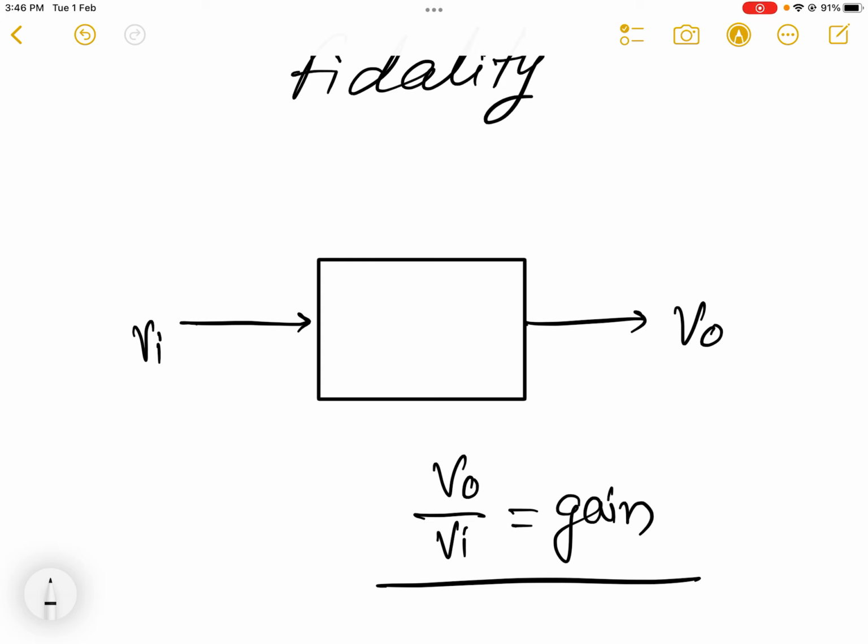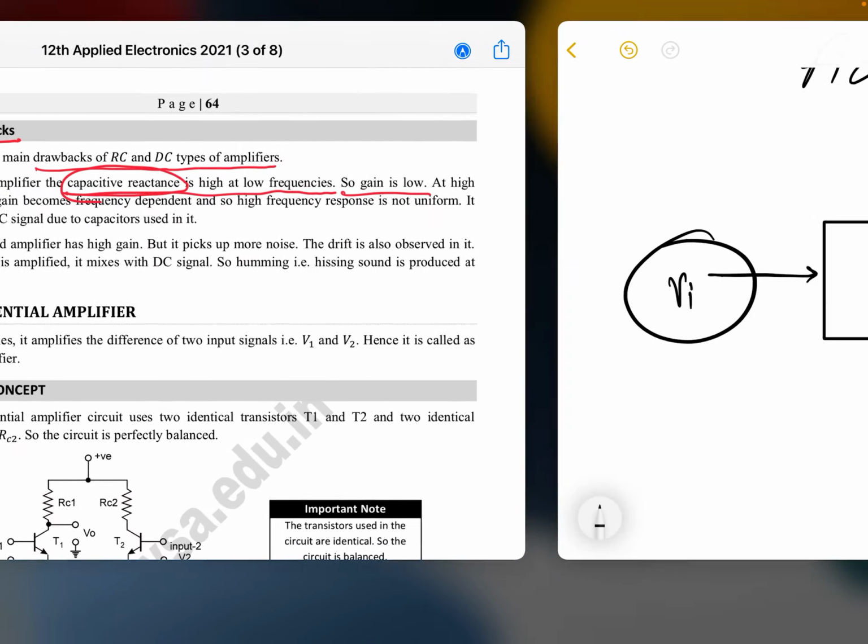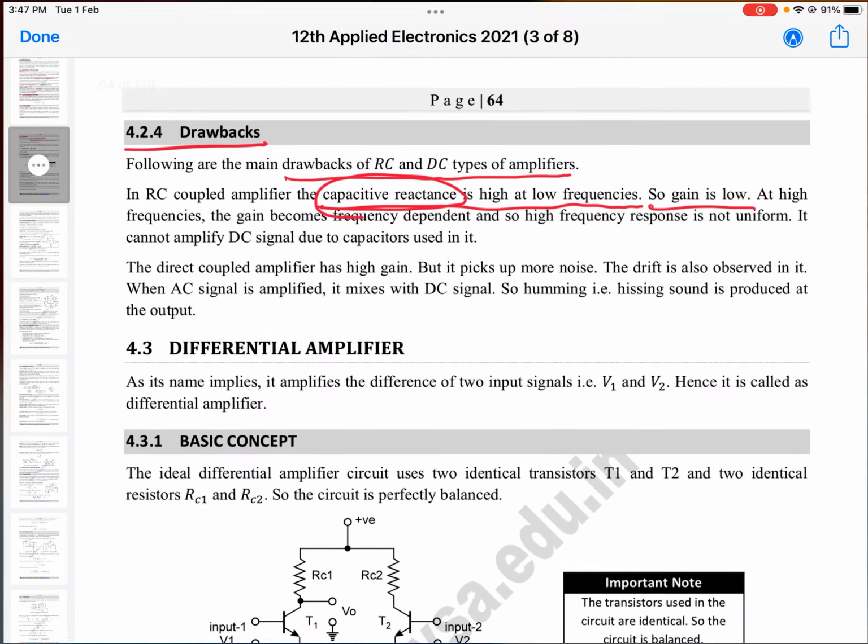Naturally, the output of an amplifier is greater than the input, so the gain will always be greater than 1. Remember always, in an amplifier the gain will always be greater than 1. So, in the RC amplifier, the gain is low.